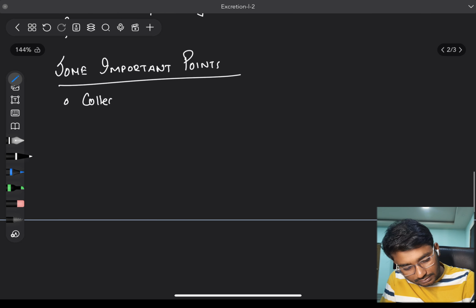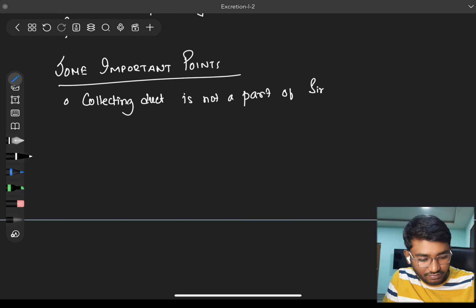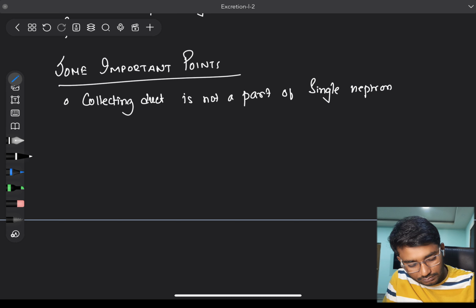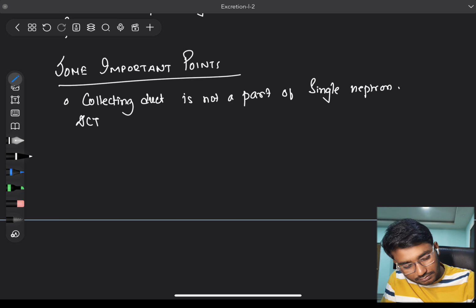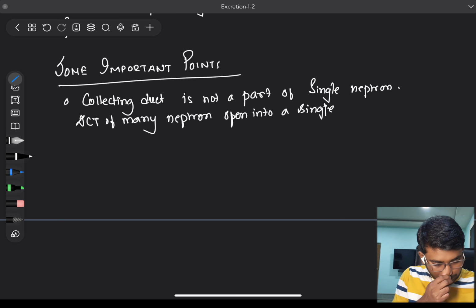Collecting duct is not a part of a single nephron. Many nephrons open into a single collecting duct.